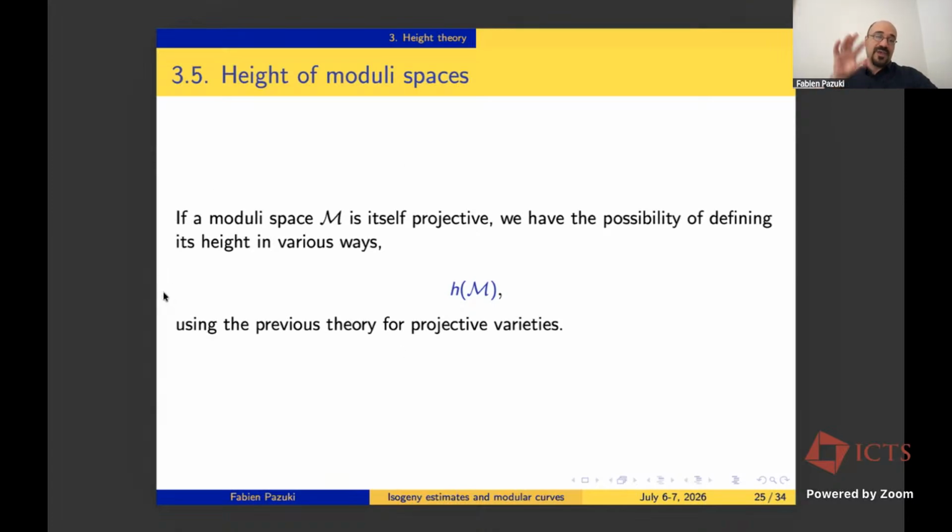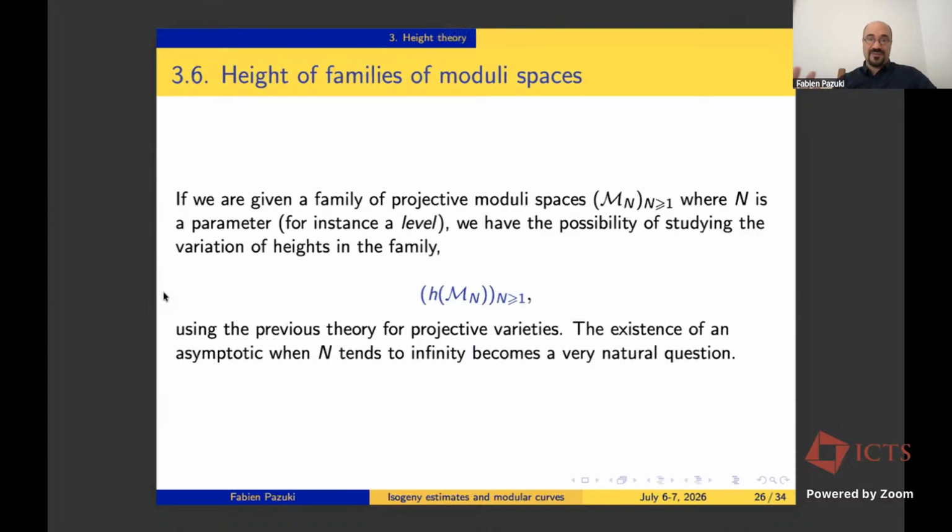So from a very theoretical perspective, from far away, if you have a moduli space, if you know it's projective, or if you can compactify it, then there's a way to measure its size as a space. Okay, fine. So now if we have a way to measure its size as a space, and if we have a family of such spaces, nothing prevents us from taking the height of each member of the family of moduli spaces, and suddenly we have a sequence. So we have a sequence of moduli spaces depending on a parameter n, maybe a level of a modular curve.